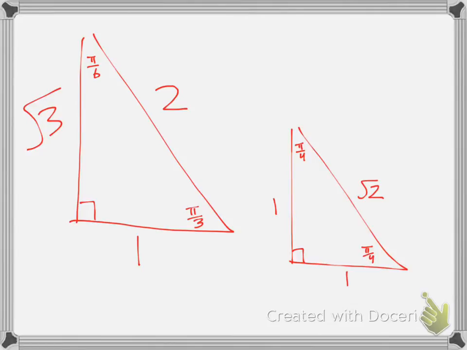So, that's the new ones we have to know. And again, how do I know that 30 degrees is pi over 6? Because 30 goes into 180 6 times. It makes it a little bit easier to remember if you do it that way.